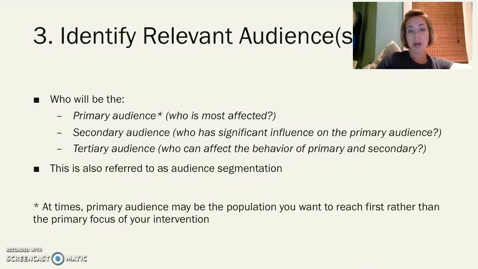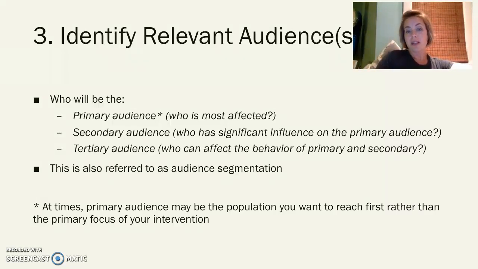We can talk about the primary audience, so who is most affected by any particular issue. Let's just talk about childhood obesity, for example. So our primary audience would likely be children, right? Especially children who we're either trying to prevent from developing any sort of unhealthy weight issues or who are already struggling with such issues.